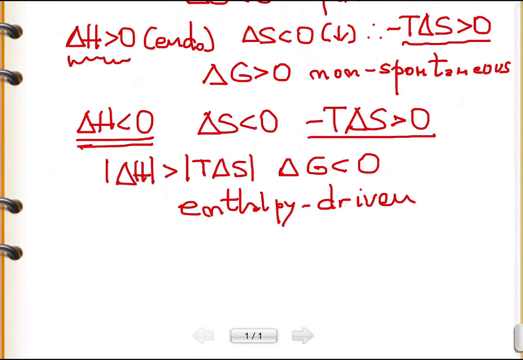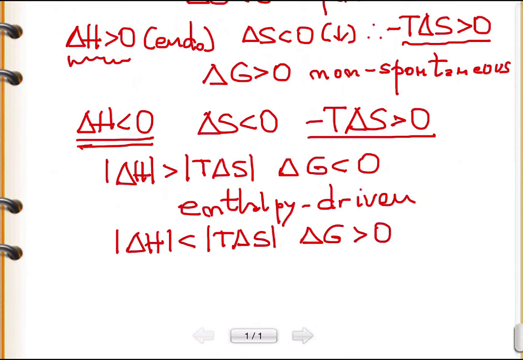If the situation is the opposite, the absolute value of delta H is smaller than the absolute value of T delta S, then we are going to have a reaction with delta G larger than 0. It is going to be a non-spontaneous reaction.